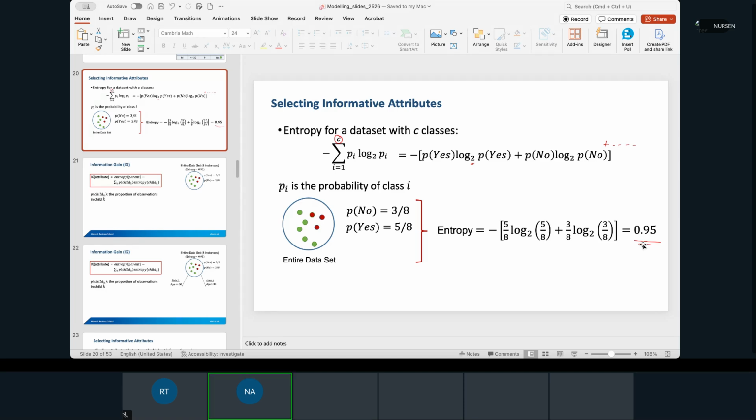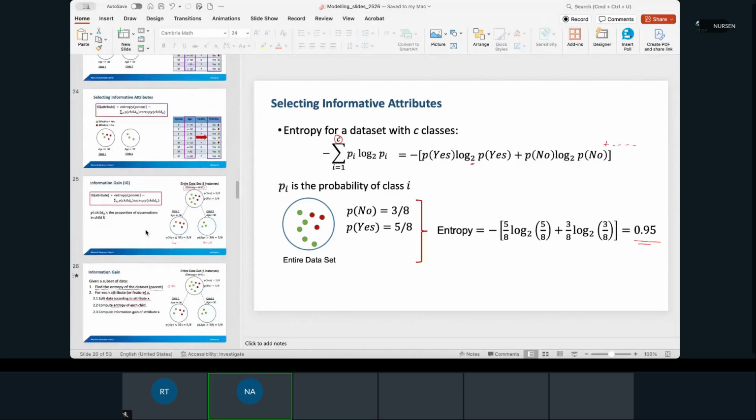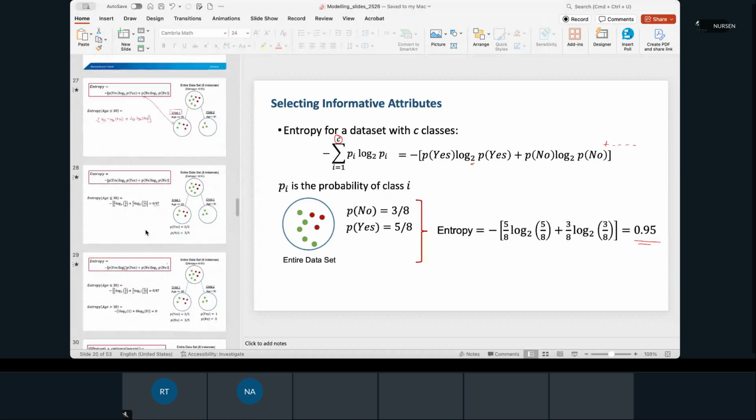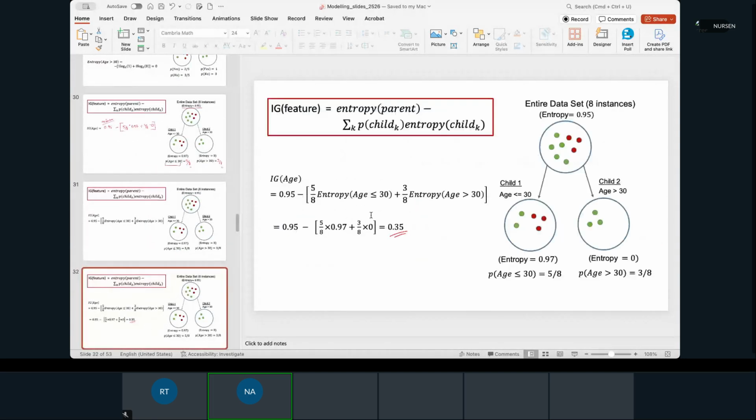So in age, if you know the age category, let's go to the result here. If we know the age feature in our data set, we can decrease the entropy by 0.35 in the entire data.